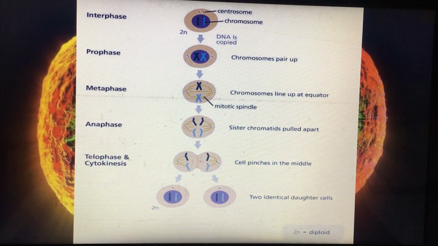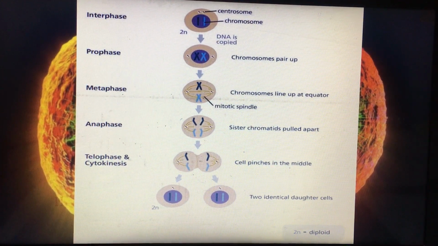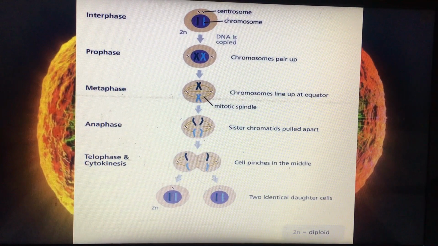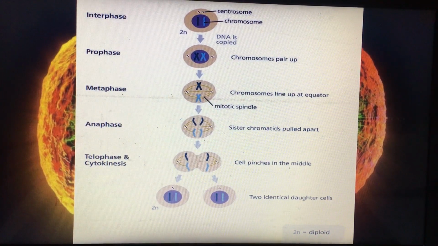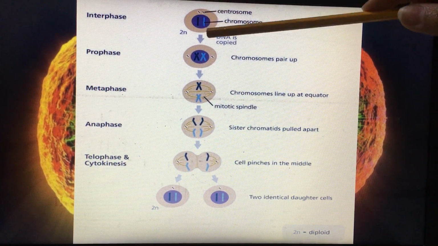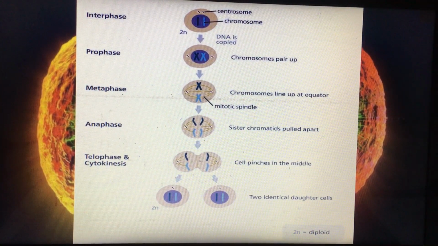Here, we start with DNA replication. So here DNA is replicated or copied. Each chromosome now becomes 2 identical chromatids.